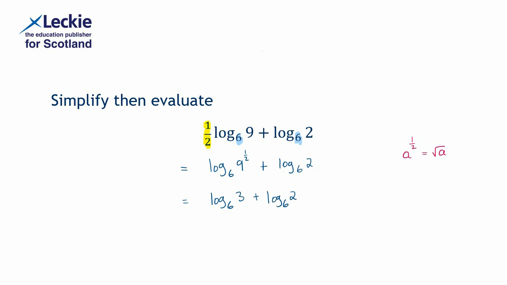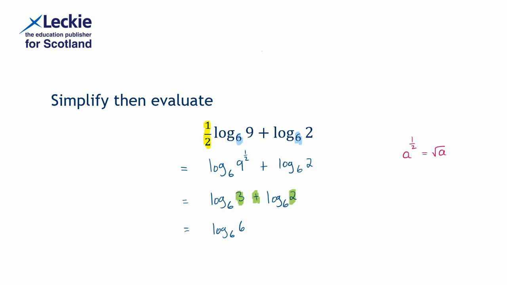And now we're at the point where we want to try and combine these terms together. Now, as I said before, the base is the same and we're adding these two terms together. And when we're adding them together, then we're able to write a single log term where the 3 and the 2 there will in fact be multiplied together. So we will end up with log of 6 to the base of 6.